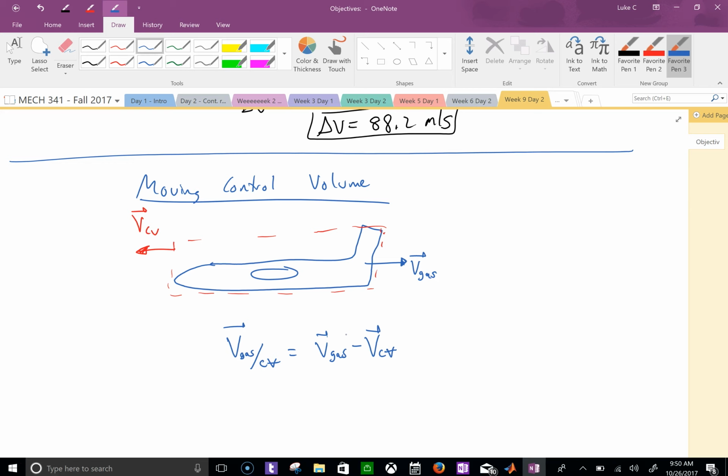You're on it, you're moving this fast, and that gas is shooting out that way. At that speed, it's going to be actually going a lot faster. Okay, you kind of add these two. So this is the key thing that we need to find in our equation, the velocity of the gas, when we do the next question. Okay? So just remember this concept. It's just relative velocity. All right, so let's do the next problem here.